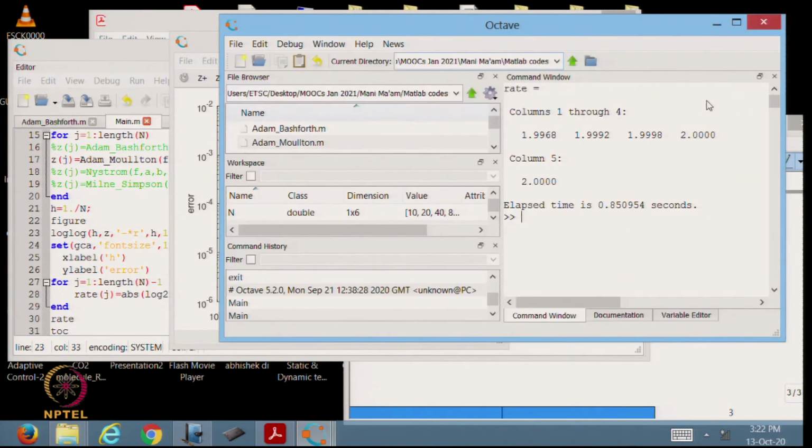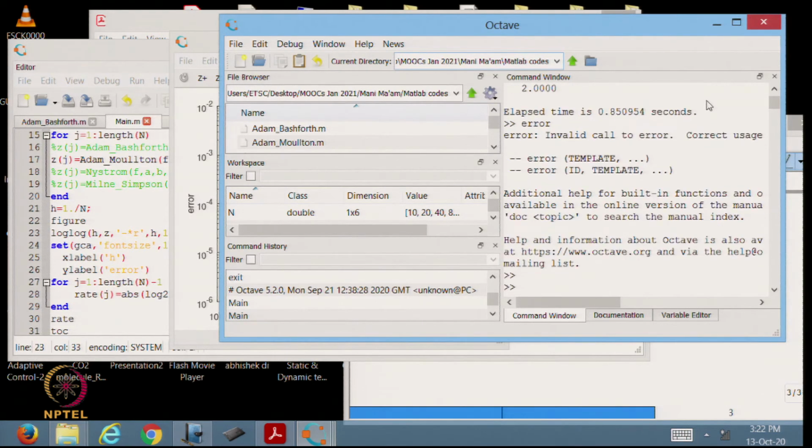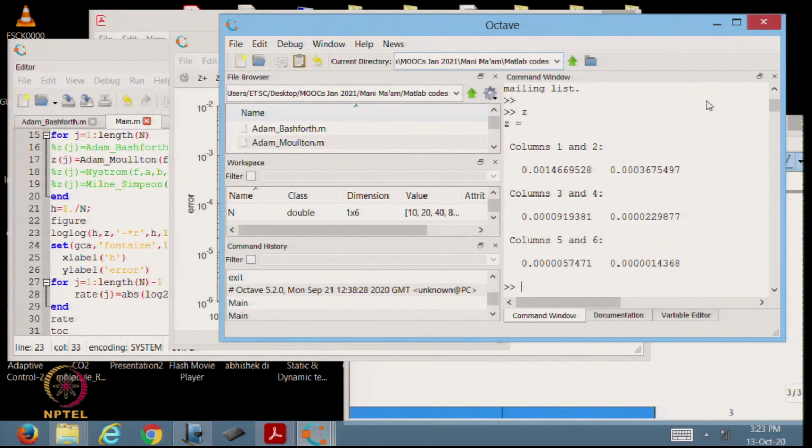Okay. So, here again let me type out the error, sorry z, error is stored in variable z. So, let me type out z.